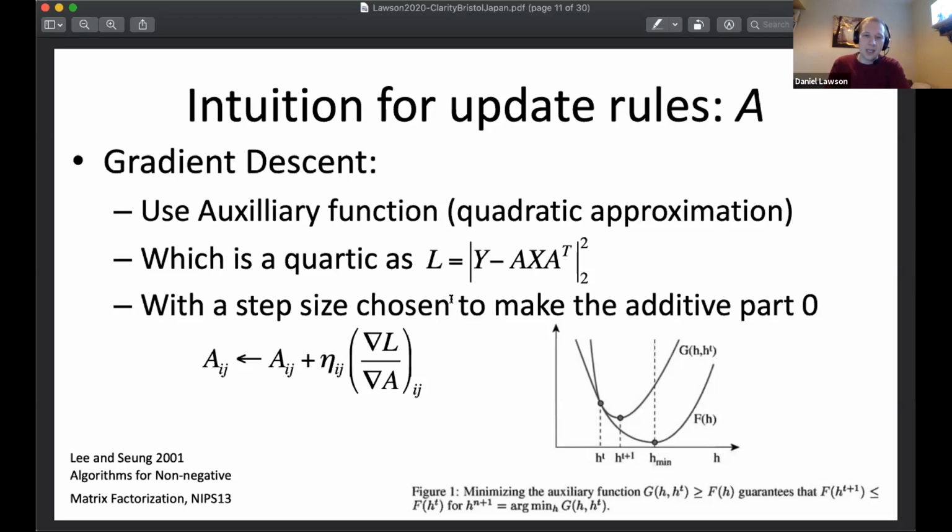So the intuition behind how this works is you just do a gradient descent procedure. So you take a step in the direction of the gradient minima, but the step size eta ij is chosen to be such that the additive terms drop out and you only get a multiplicative term left.